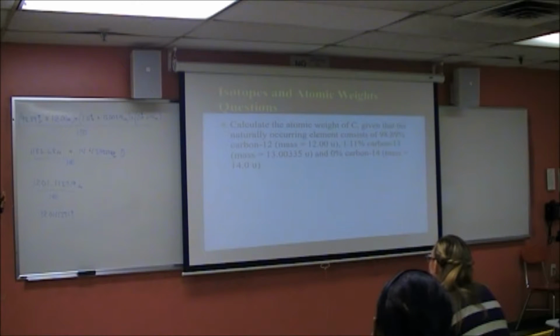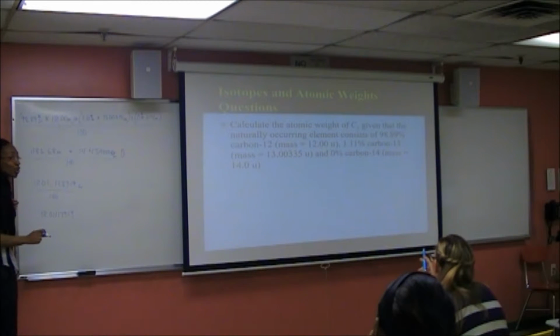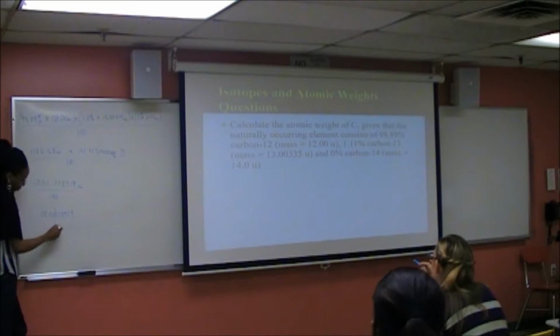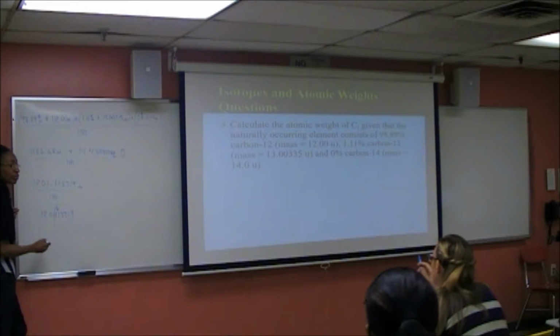The original question gives you 12.00, so where do you cut off? 0.01. You look at the neighbor, it's less than 5, so you get 12.01 U's.